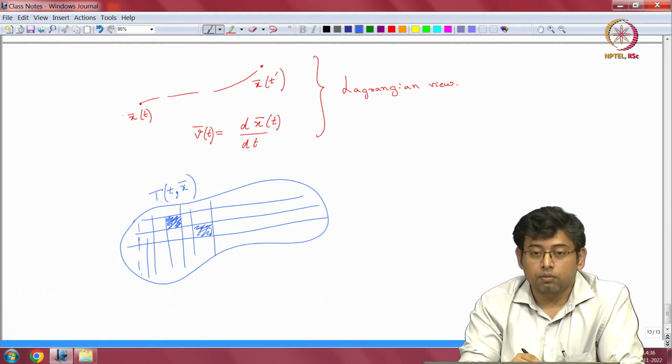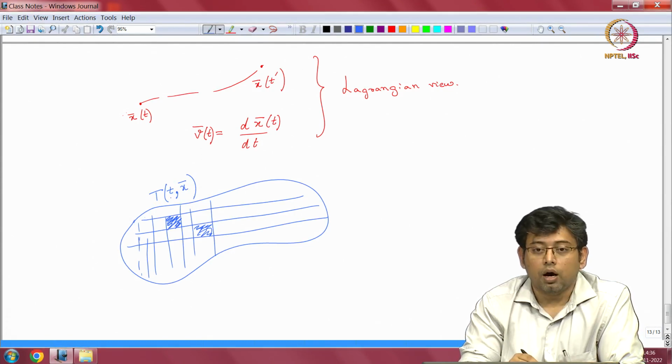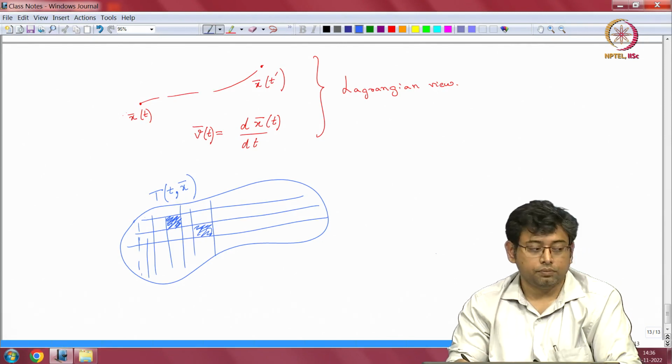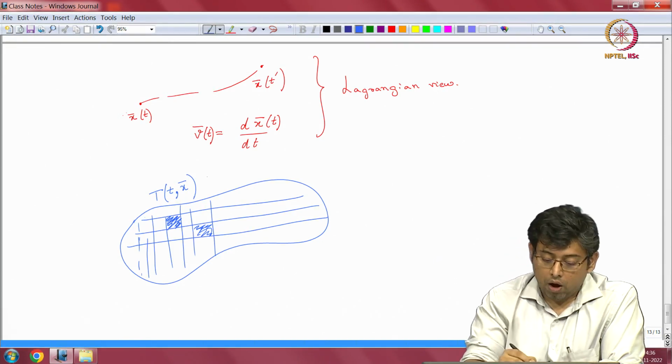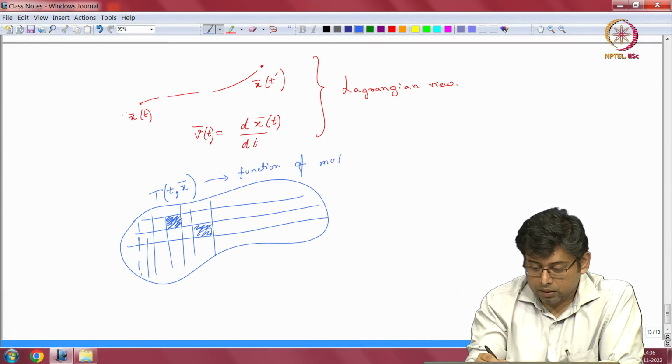The variable of interest, temperature, now becomes a multivariable function. It is dependent on time, and it also depends on the exact grid location we are using, the x vector. So, this is now a function of multiple variables.